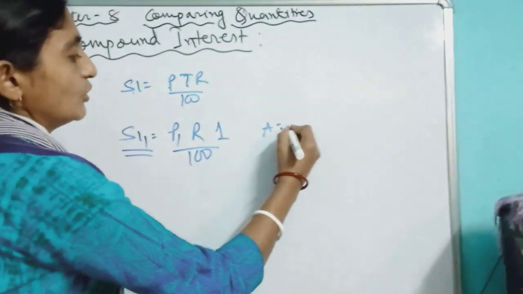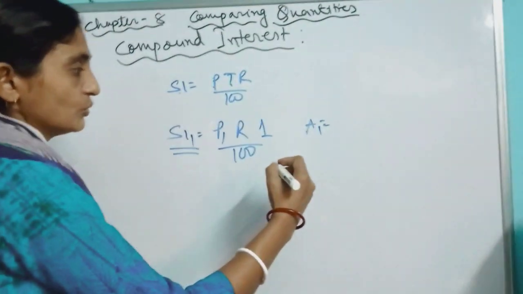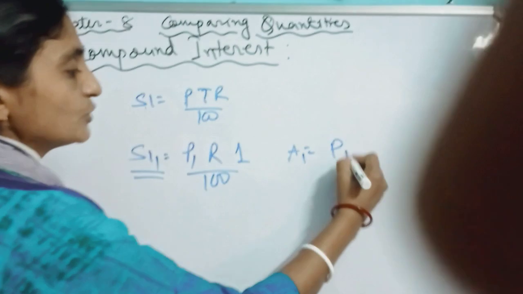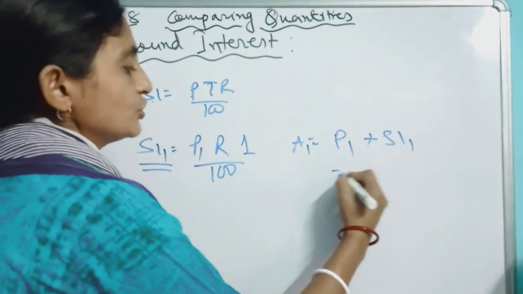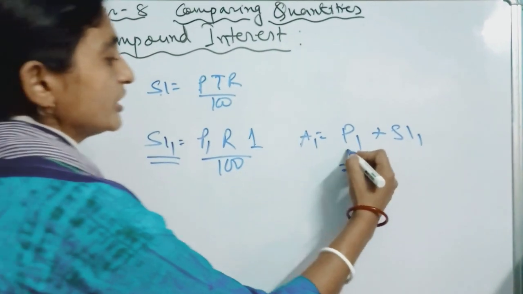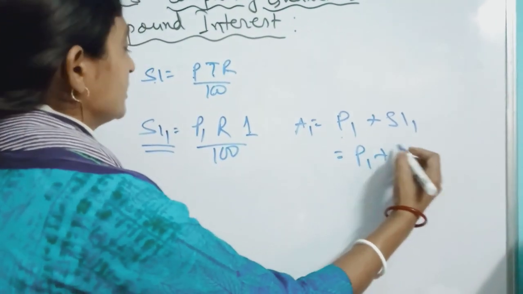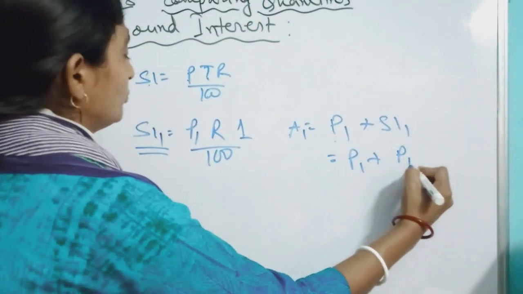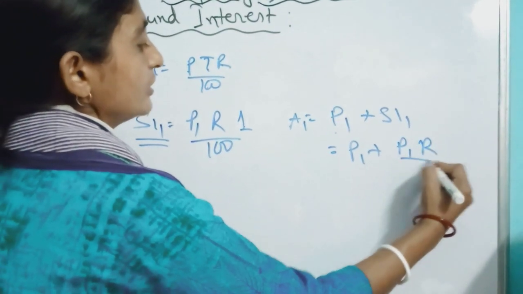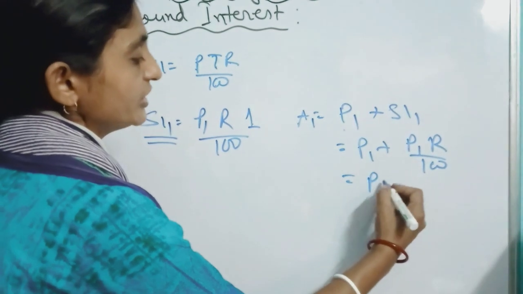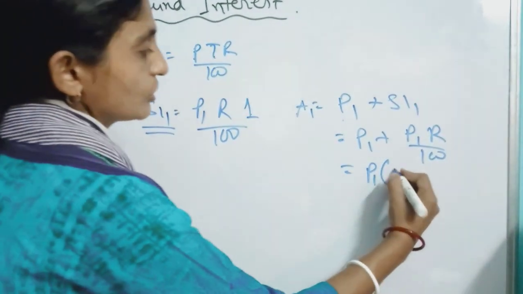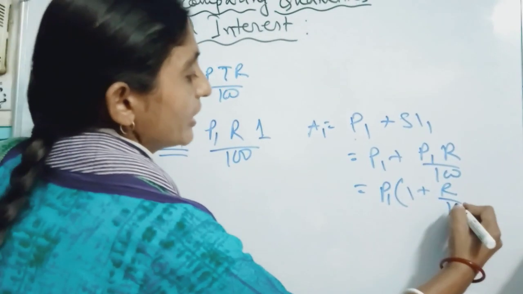So what will be the amount after 1 year? Amount 1 will be the principal P1 plus the interest added: P1 plus P1 R by 100. Taking P1 as common, I can write it as P1 into 1 plus R by 100.